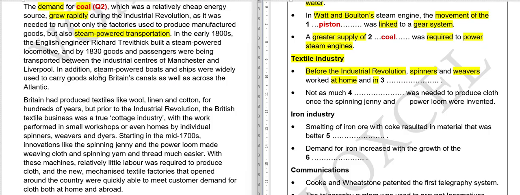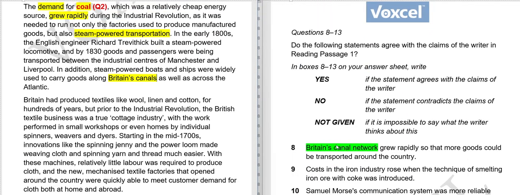In addition, steam powered boats and ships were widely used to carry goods along Britain's canals as well as across the Atlantic. So, here is Britain's canal network.